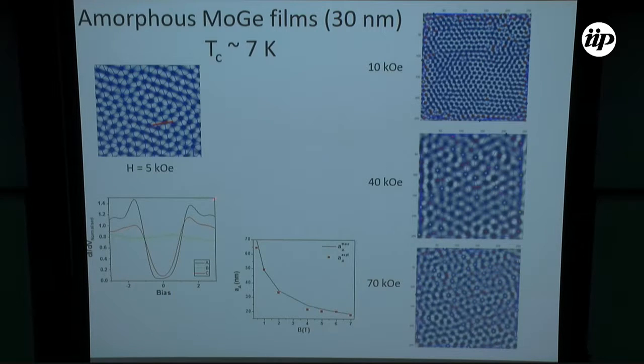Again, you see roughly very similar features. Again, you have a normal vortex core without the bound state. As you increase field, you can image these vortices up to 7 Tesla, and beyond 7 Tesla, you reach HC2. So the vortex lattice constant, if you measure it from the Fourier transform, follows the usual expected behavior.